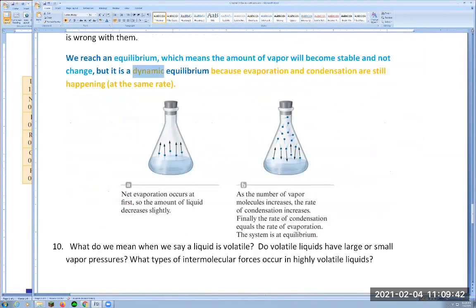So final question, what do we mean when we say a liquid is volatile? Do volatile liquids have large or small vapor pressures? What types of intermolecular forces occur in highly volatile liquids? So what does it mean that a liquid is volatile?